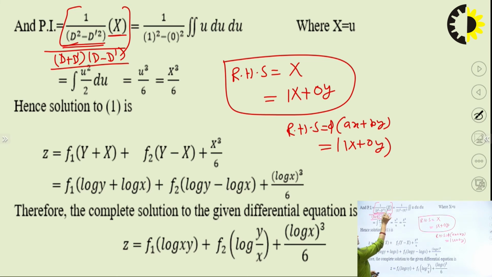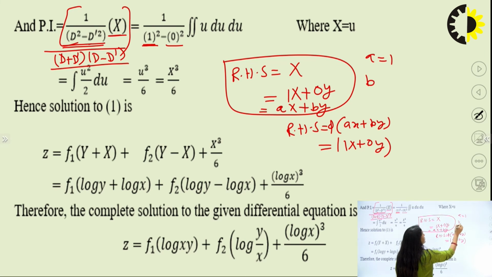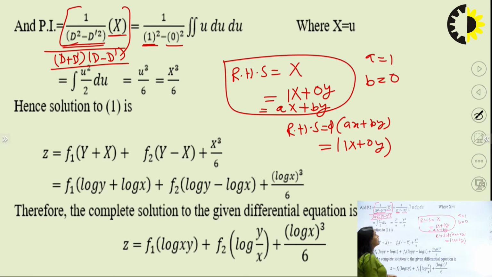Then we will substitute D is equal to a and D dash is equal to b. What is a here? a is the coefficient of X and b is the coefficient of Y. So a is equal to 1 and b is equal to 0. Now we will substitute it here, and how many times will we integrate? 2 times, because the order of the auxiliary equation is 2.